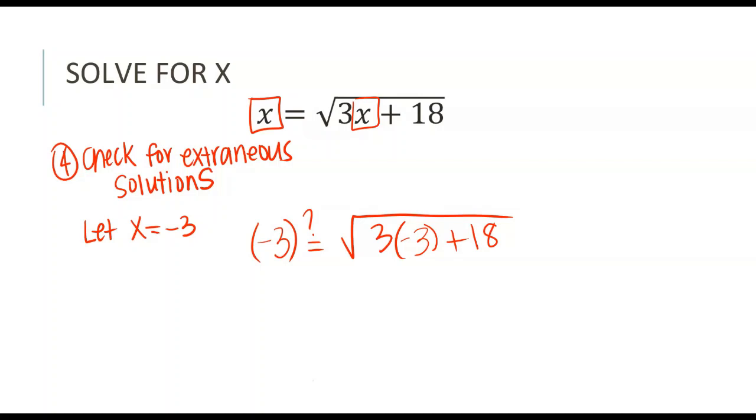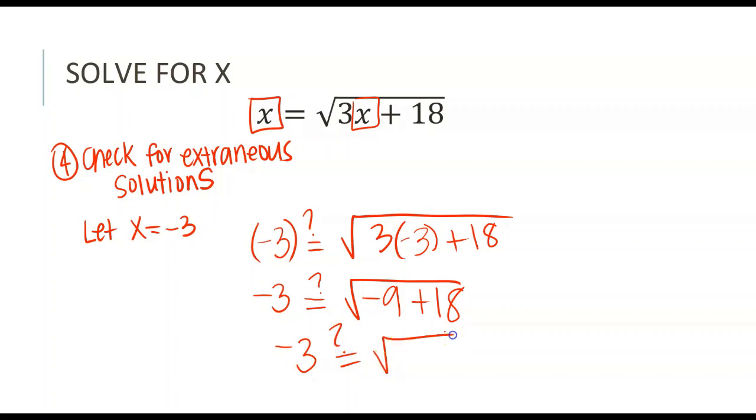So all right, -3 is equal to, or is it, the square root of 3 times -3, which is -9 plus 18. Is -3 equal to the square root of -9 plus 18, which is 9?